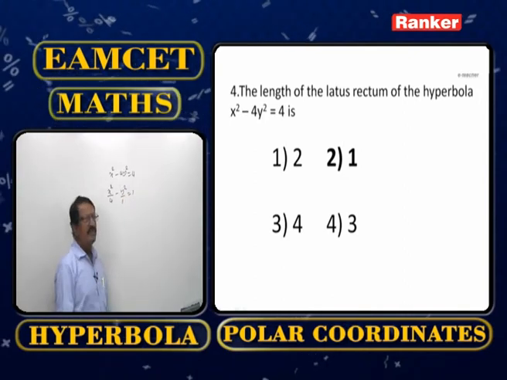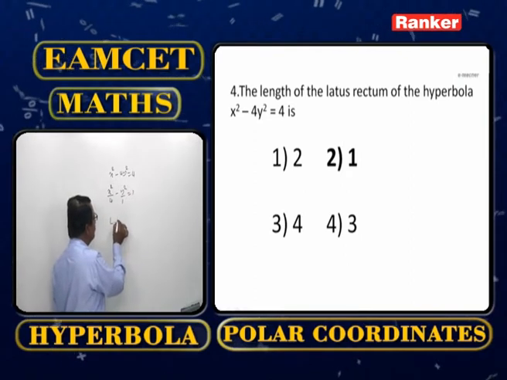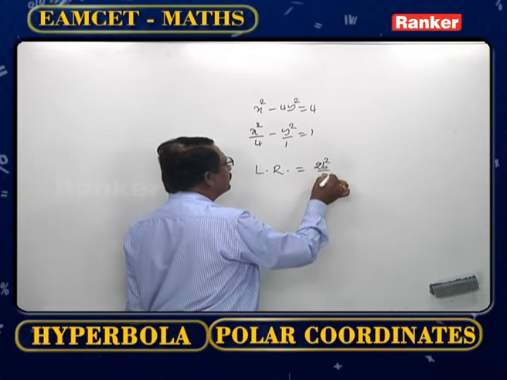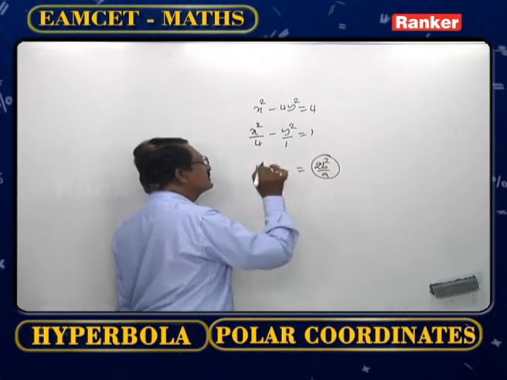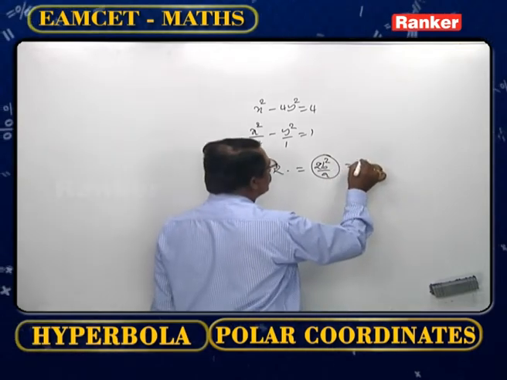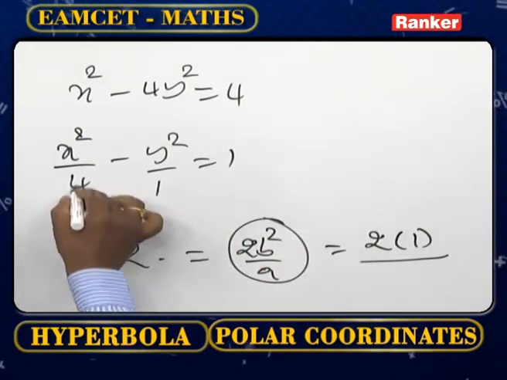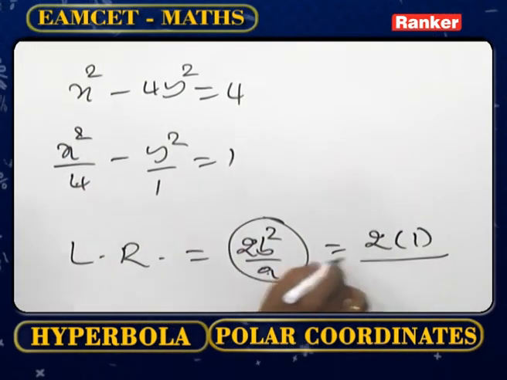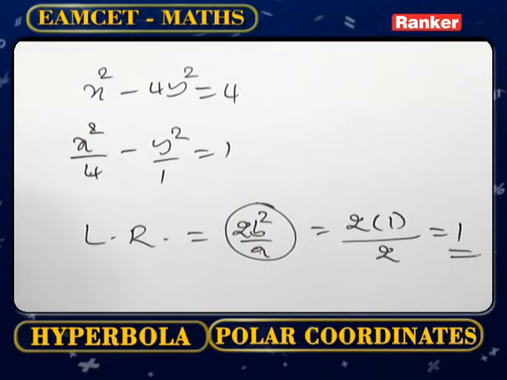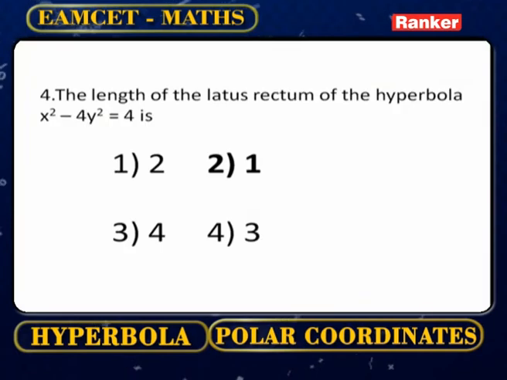Now a square equals 4, b square equals 1. The length of the latus rectum equals 2b square by a, which is 2 into 1 by 2, that equals 1. Then the length of the latus rectum of the given hyperbola is 1. The second option is correct.